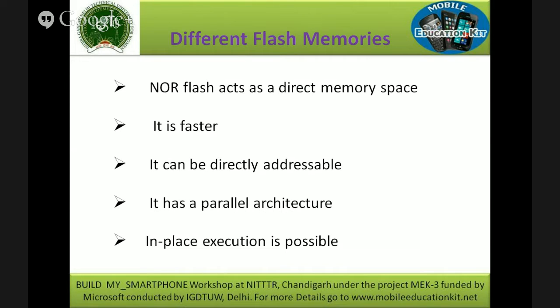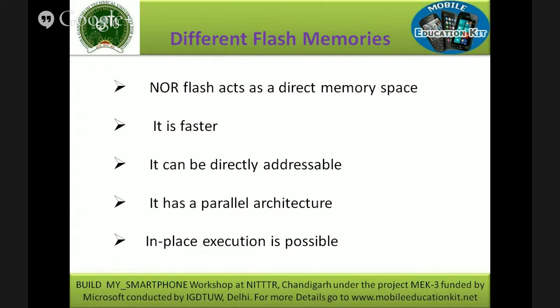I think this is a difference which I covered, where there is a NOR flash with access to direct memory space, in which case execution in place is possible. It's faster. It is directly addressable, so the CPU directly executes it. It's also called parallel, because this is the reason why you can directly execute it. There is a parallel bus.